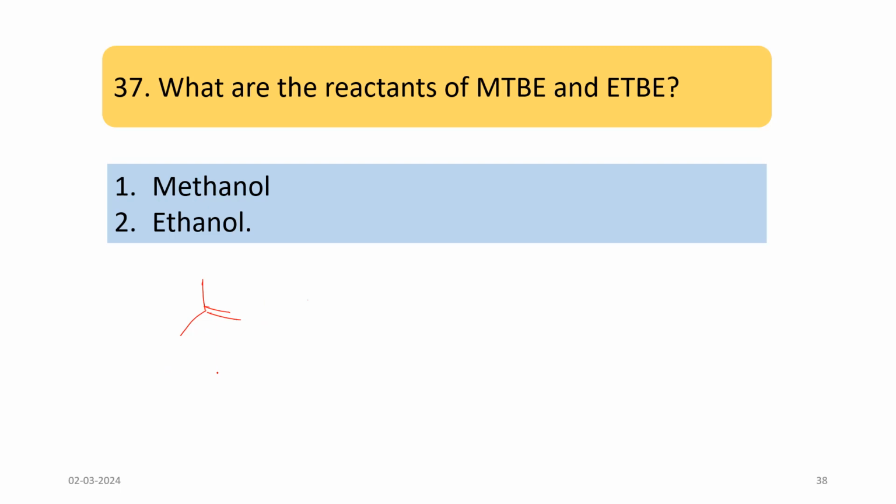It is like C, there is CH3, there is CH3, and here it is CH2. This is the isobutene. It reacts with methanol and produces MTBE, that is the methyl tert butyl ether.